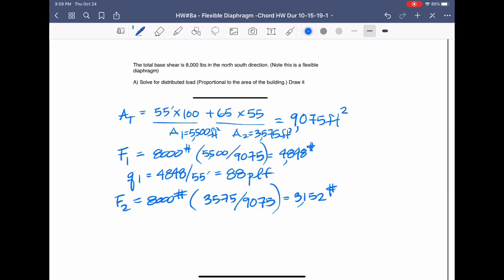And we get that Q2 is equal to 3,152 divided by the width, which is 65 feet, which is equal to 48.5 pounds per linear foot.